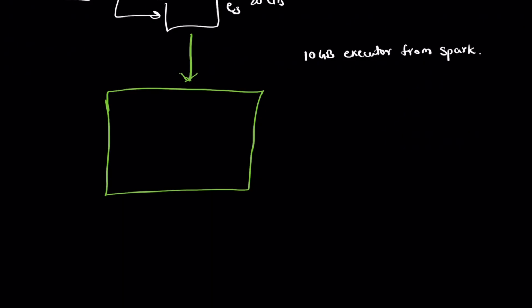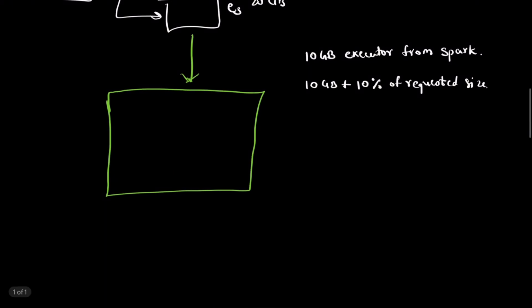Spark will give us 10 GB plus 10% of the requested size, so we will be getting 11 GB of executor. Why are we getting this 10% extra? It is because of overhead memory.